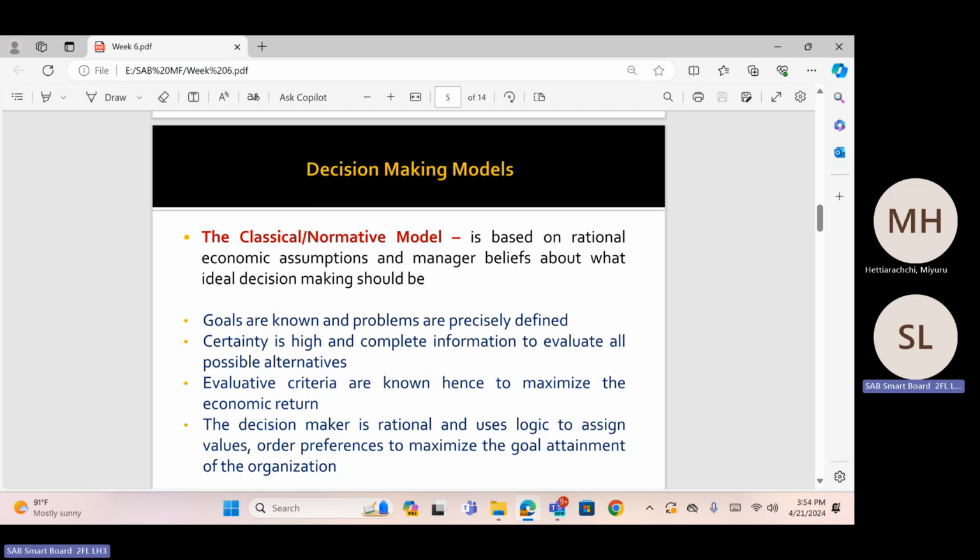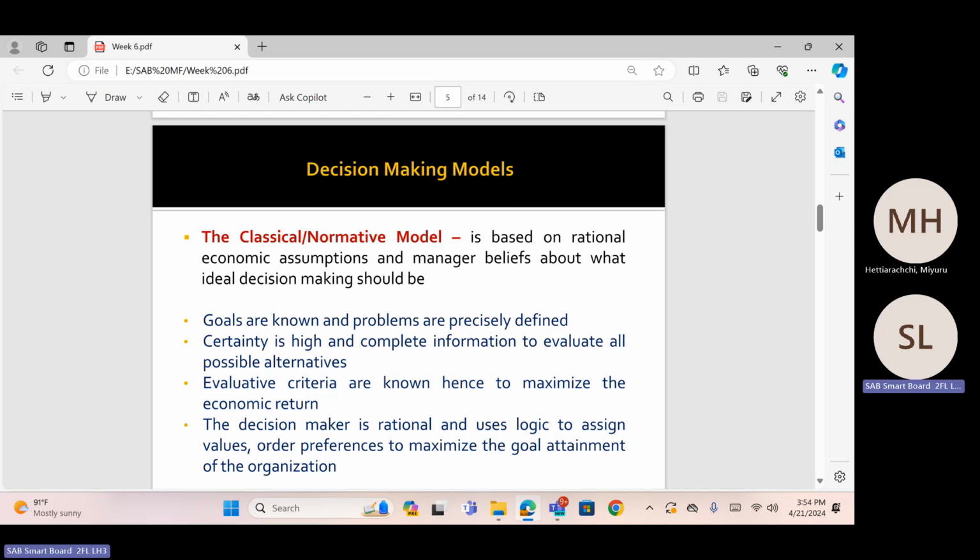Right, this decision making model is based on rational economic assumptions. Using them, the decision makers or managers believe that ideal decision making should be made based on these characteristics. First, the decision maker assumes that the decision goals and the problem can be easily defined.